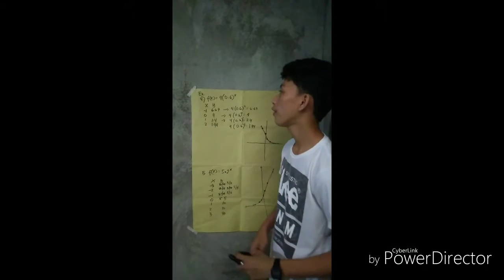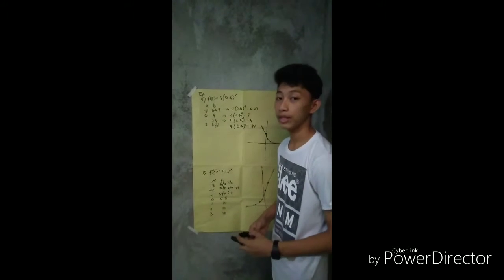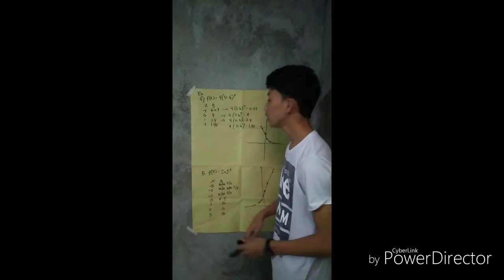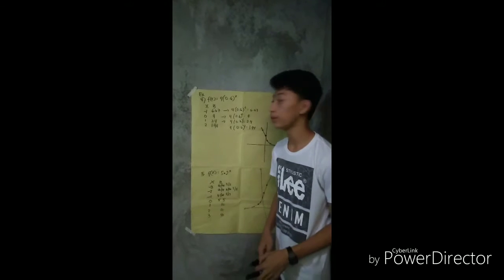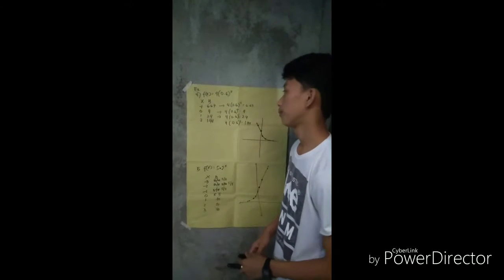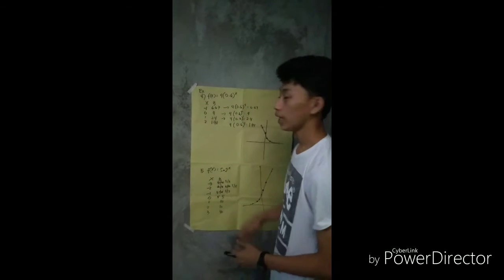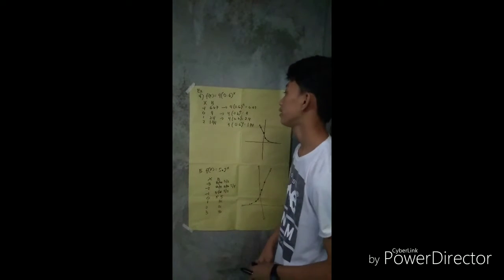Our given is f(x) is equal to 4 times 0.6 to the power of x. Our x is negative 1, 0, 1, and 2. We're just going to substitute. 4 times 0.6 to the power of negative 1 is equal to 6.67.